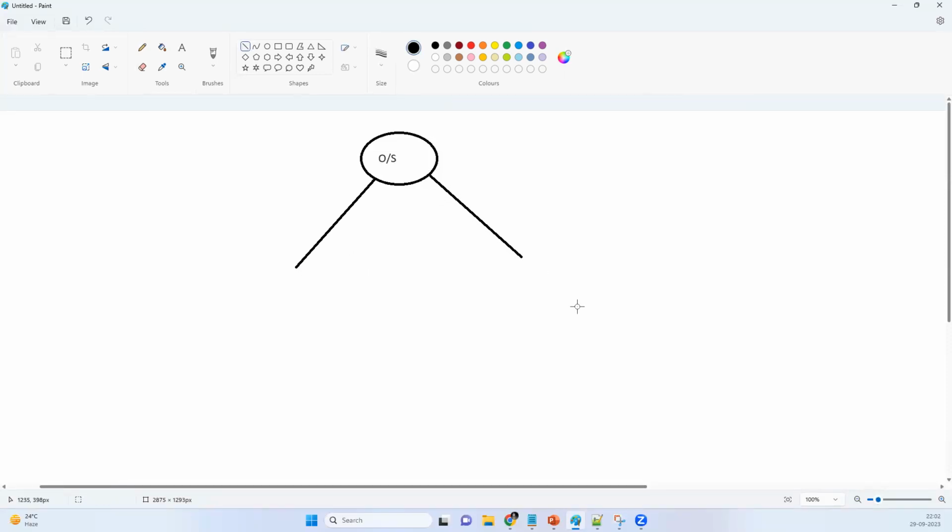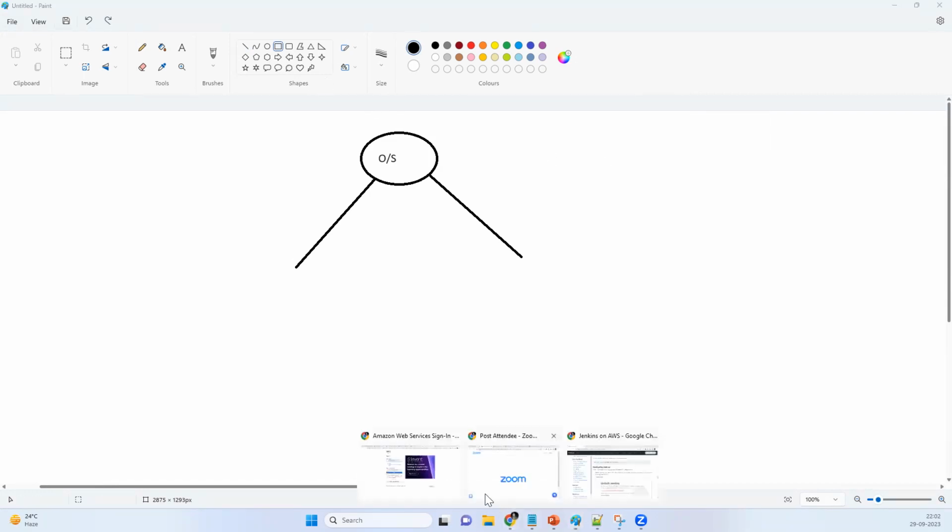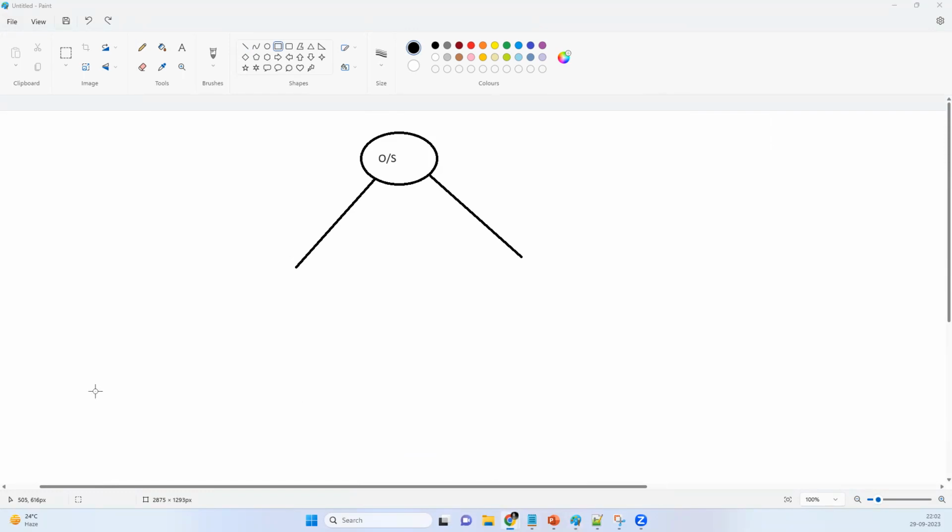So OS can be two types. Something like the HP laptop.